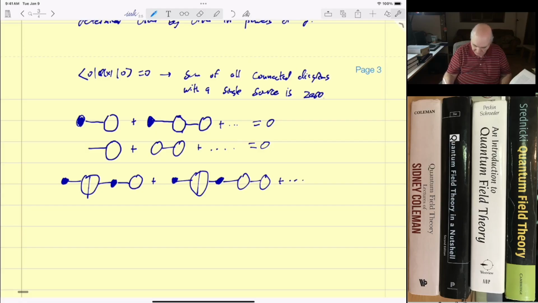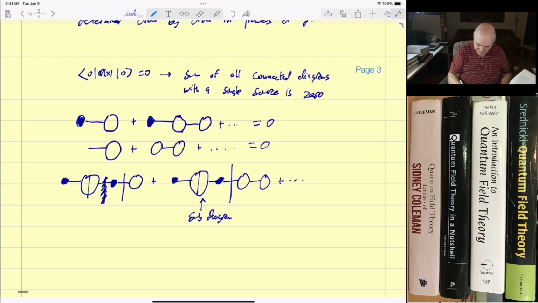What we're doing is adding this subdiagram.